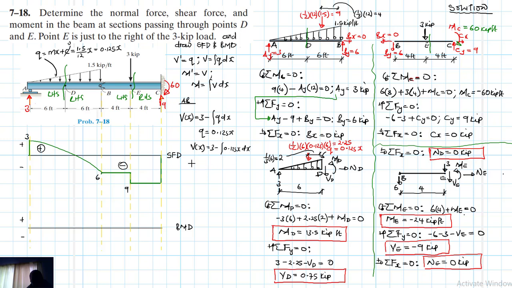And therefore, if we integrate this as an indefinite integral, this gives us 0.125 x squared divided by 2. So this is the function that governs our shear.